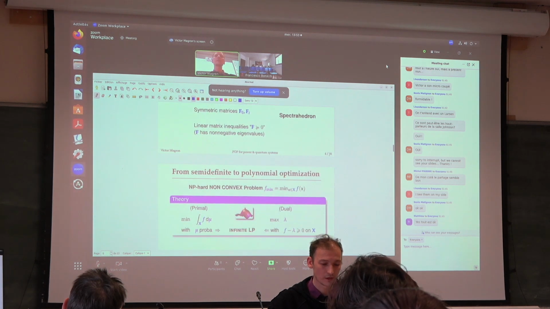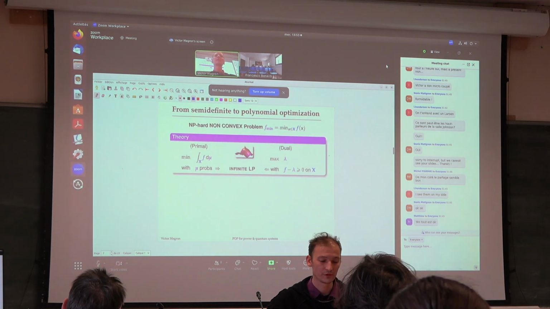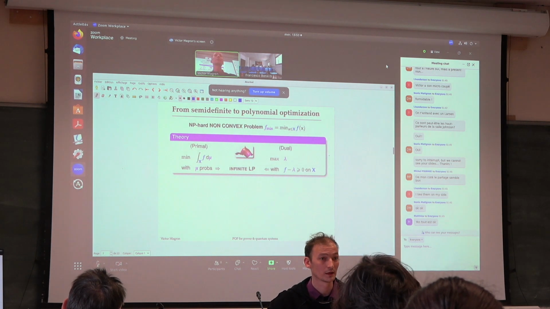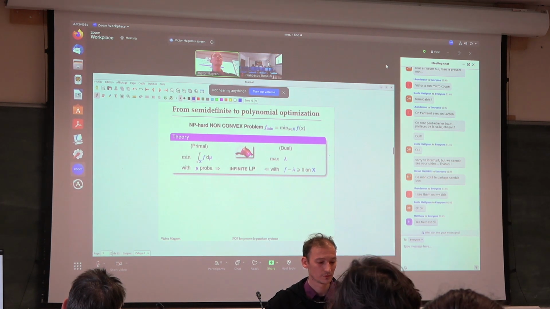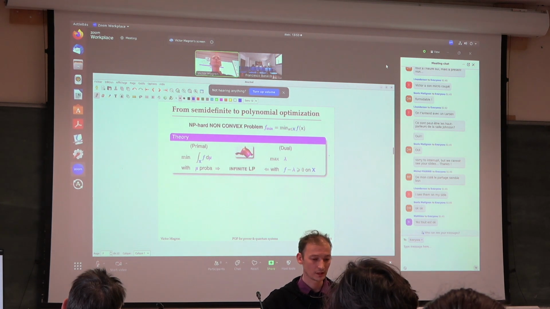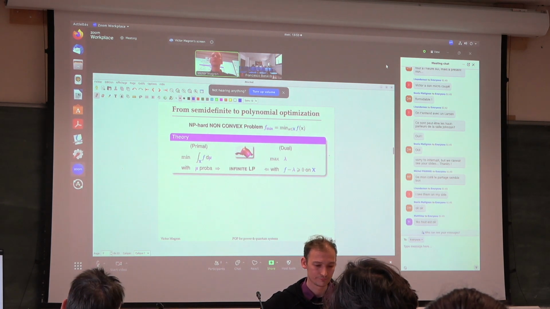And now that I defined linear and semi-definite programming, now I can try to convince you that you can approximate the solution of a polynomial optimization problem with a sequence of semi-definite programs. And the first thing is a basic trick. So the initial problem, the one that you see above, is this one, right?